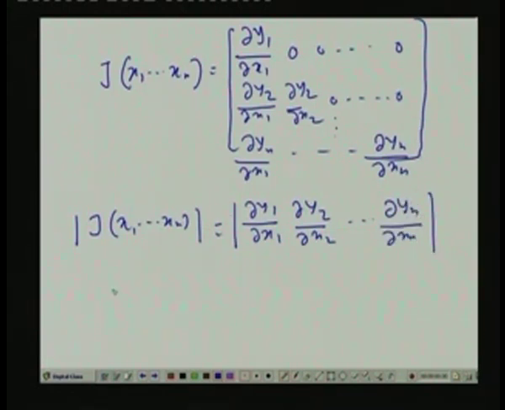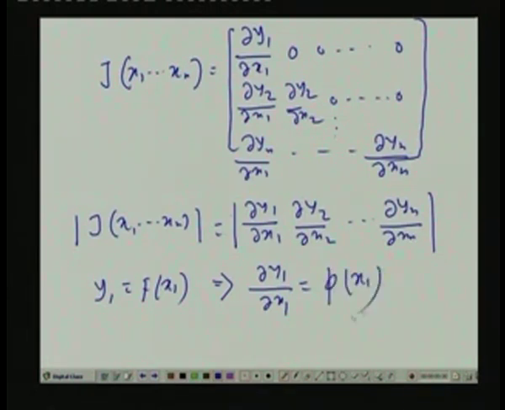Now, of course, see what is y1. y1 was F of x1. That means what is del y1 by del x1? If you differentiate it with respect to x1, you simply get the density now. From distribution, we go to density. So you get p x1.